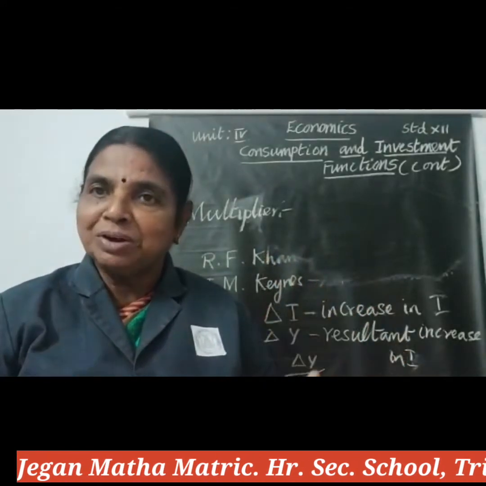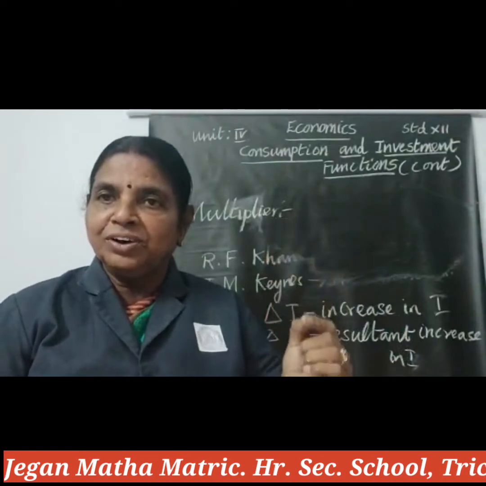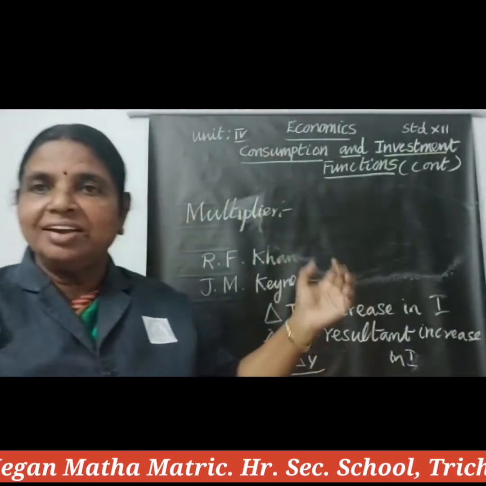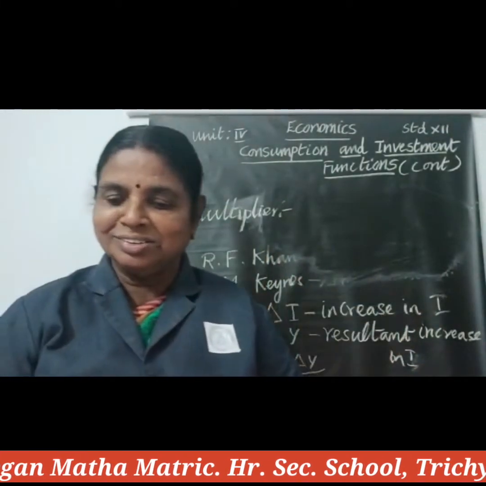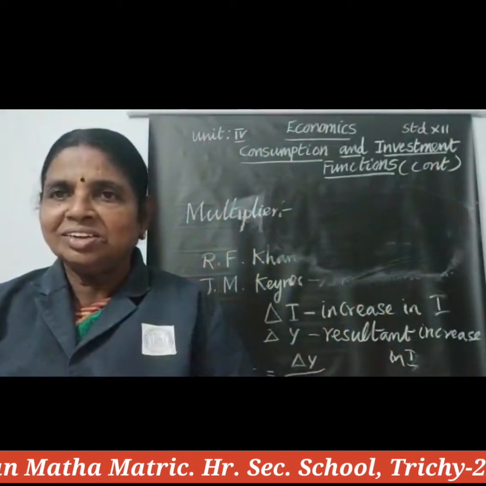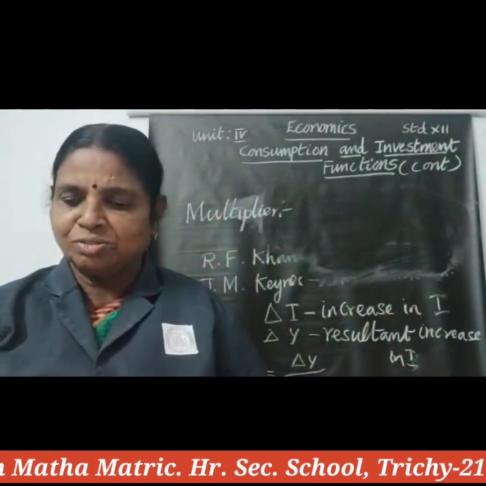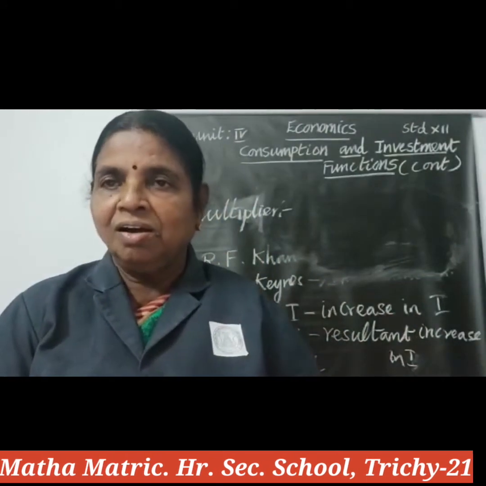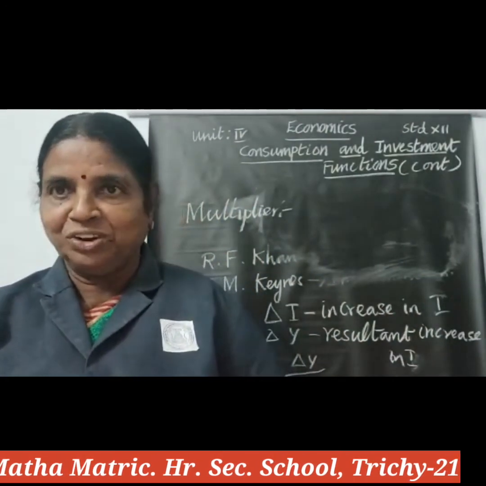Thirdly, independent. Now the first assumption of Keynes' investment multiplier is that there is change in autonomous investment. Change in autonomous investment means there should be change in income or rate of interest or rate of profit.